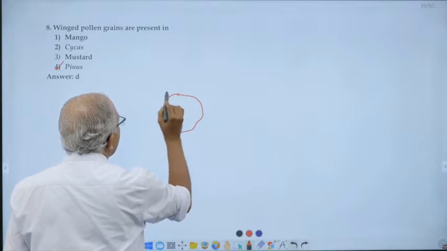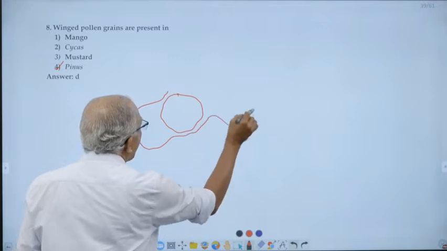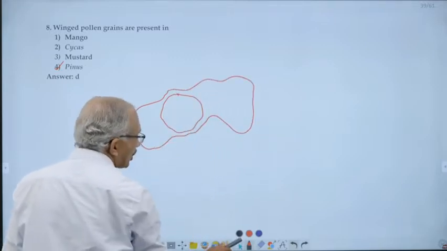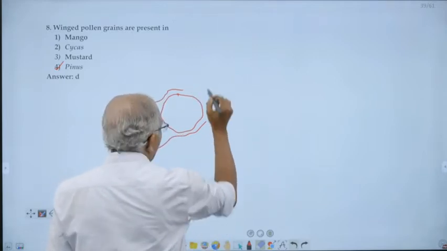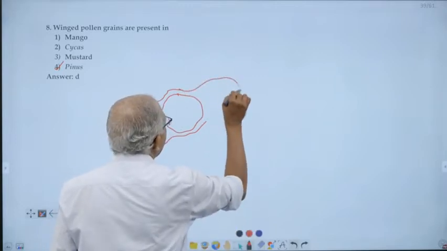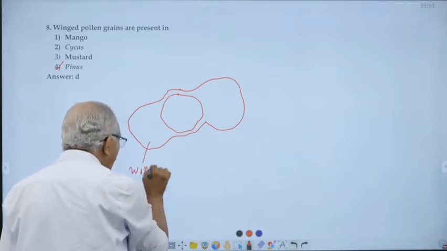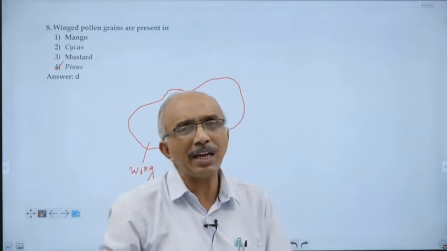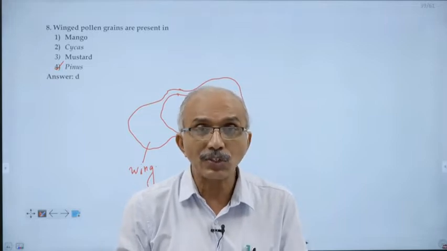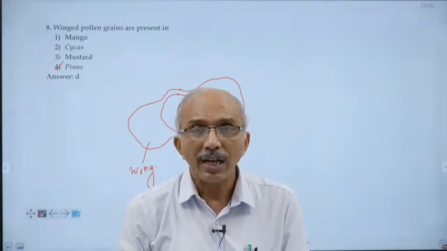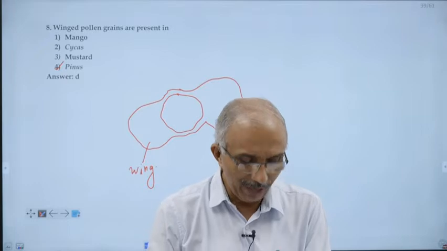In pinus, the outer covering of the pollen grain, the exine, modifies into a wing-like structure. This is to help the pollen grain to be carried away by wind. So in pinus, pollen grains are winged.